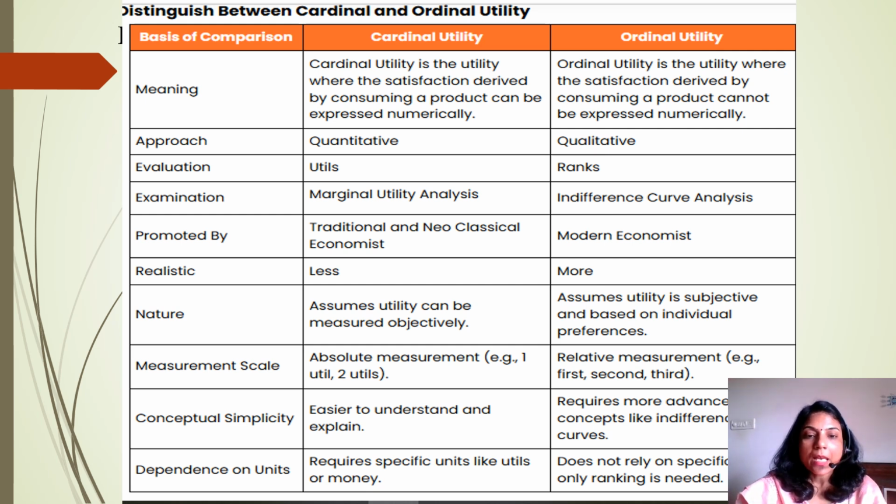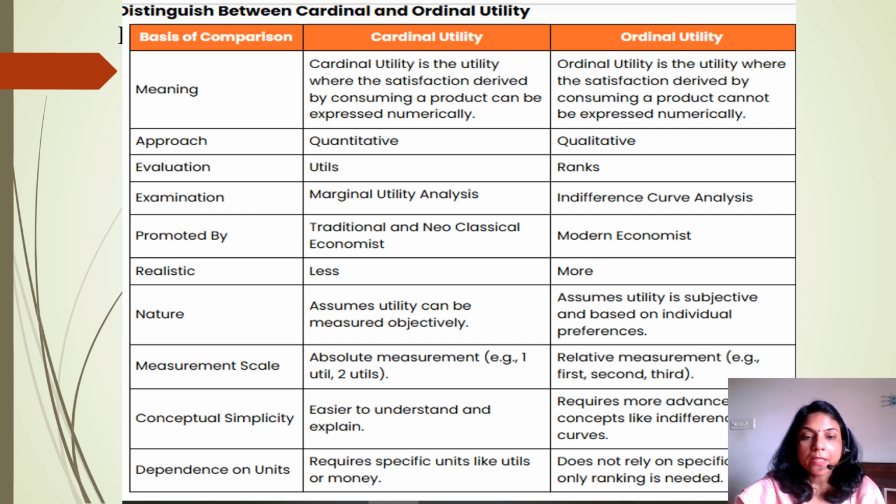Measurement scale: cardinal is absolute measurement. For example, one fruit will give you a satisfaction level of 4 utils, 5 utils or 10 utils. But ordinal talks about relative measurement, meaning you can rank that you like apple more, so you rank the apple first, then the other fruits second.